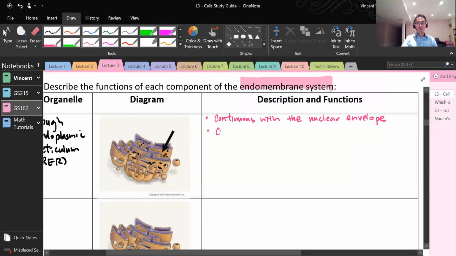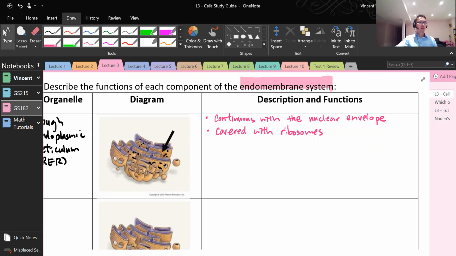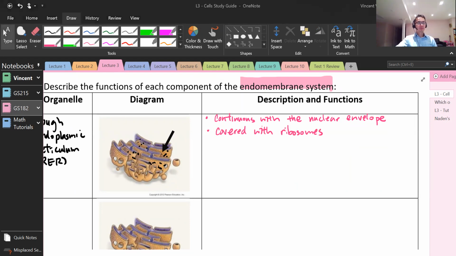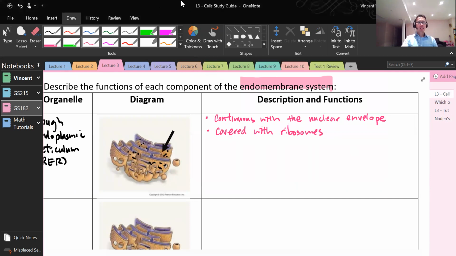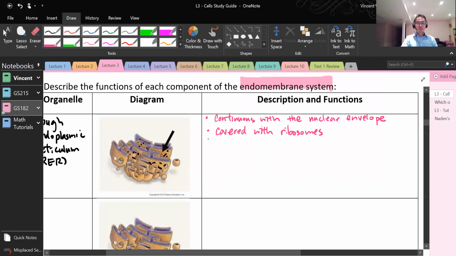It is covered with ribosomes, and the ribosome is what makes the protein. So what is the function of the rough ER?